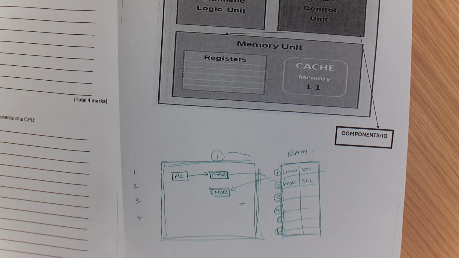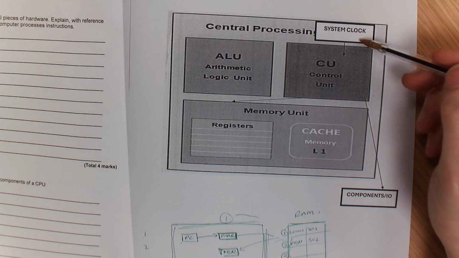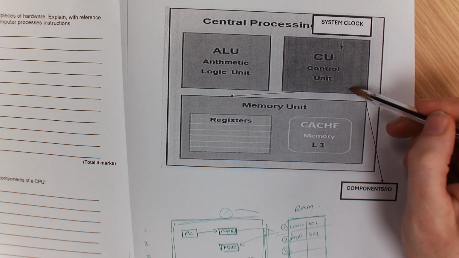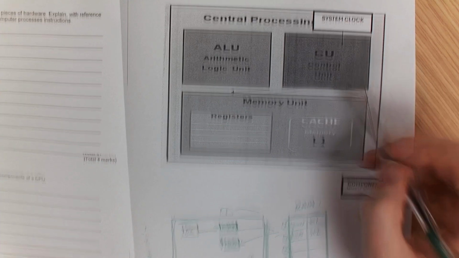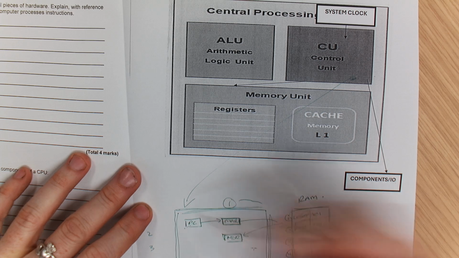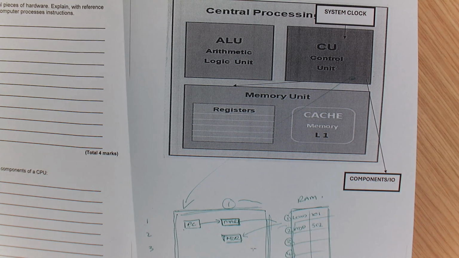You'll learn more about this at A level, but what's happening every time the clock ticks on the computer, a signal is sent to the control unit, okay, which then will say that it needs to start the fetch decode execute cycle. Am I making sense there? But these are the things that you're not talking about in your exam question.